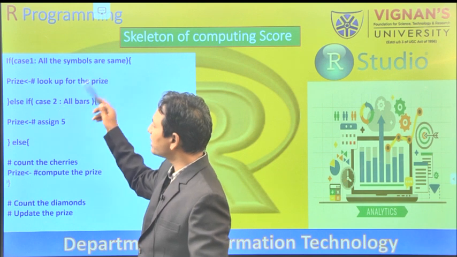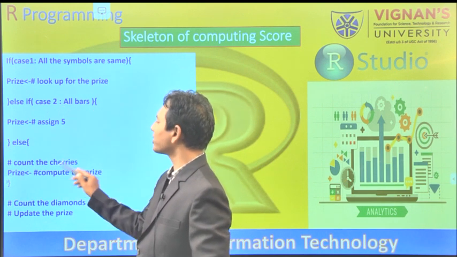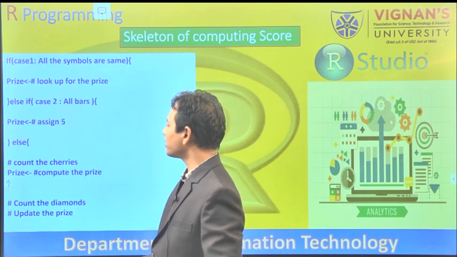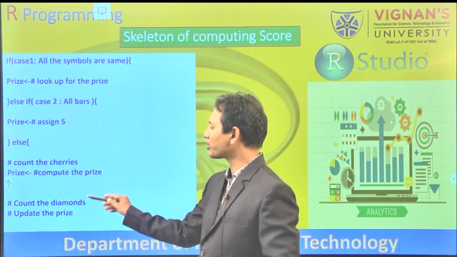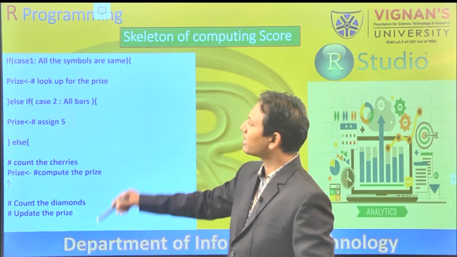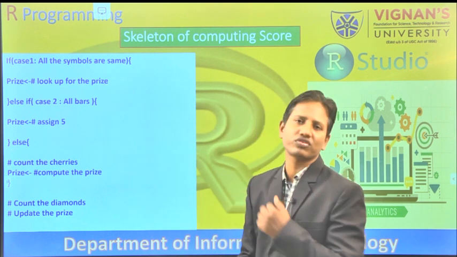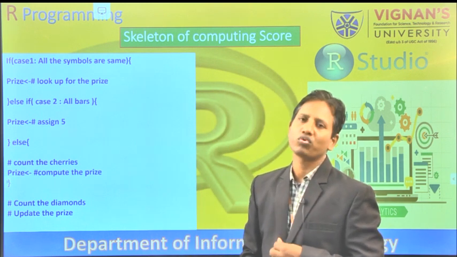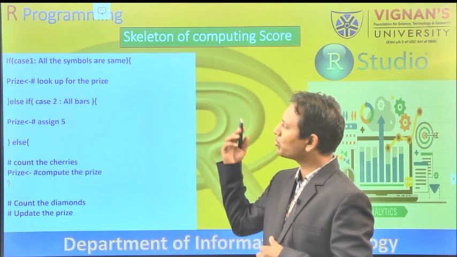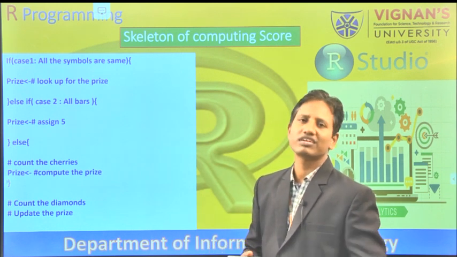If these two conditions, then we are going to do these things. Else I need to count for the cherries and compute the prize money, or else I have to compute the count of the diamonds and finally update the price. Like this, I have written my strategy, my steps to develop the program, and we are going to consider case by case and write the code for each and every case.